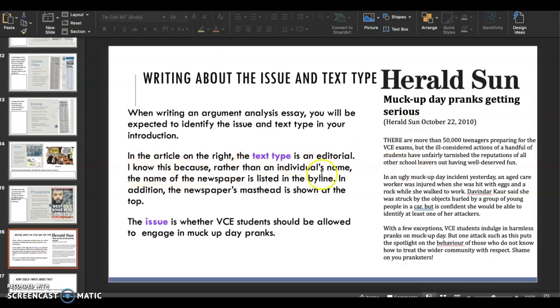We know this because rather than an individual's name, the name of the newspaper is listed by the byline. In addition, the newspaper's masthead is shown at the top. So basically, this is the editor speaking on behalf of the newspaper. The newspaper is taking a position. And this usually comes out weekly as far as I know, but can be massively influential in things like leadership races, like when we're having an election.